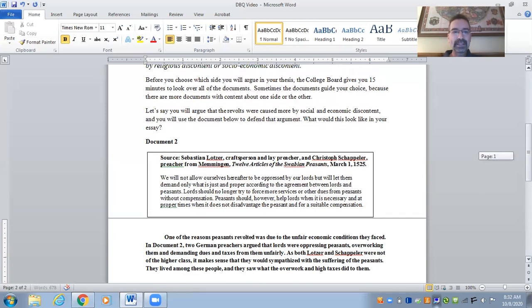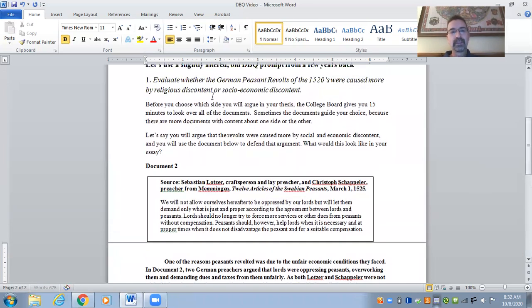If we look back at the prompt, remember, our main argument is that socioeconomic discontent was the cause. What Mr. Hunt suggested, remember, is that you have a counter argument. So along with saying we know this is the main cause, we can also say religion also played a role.